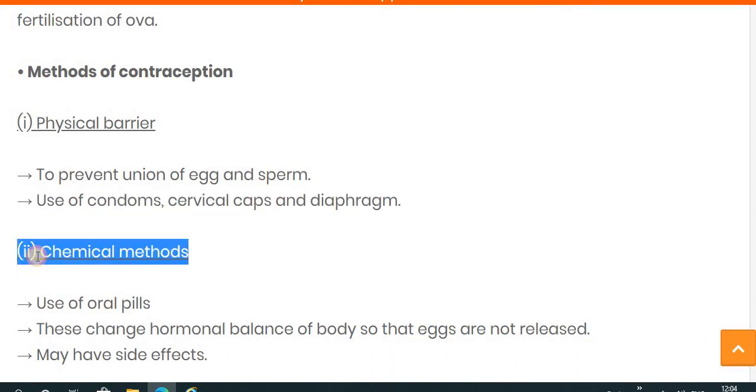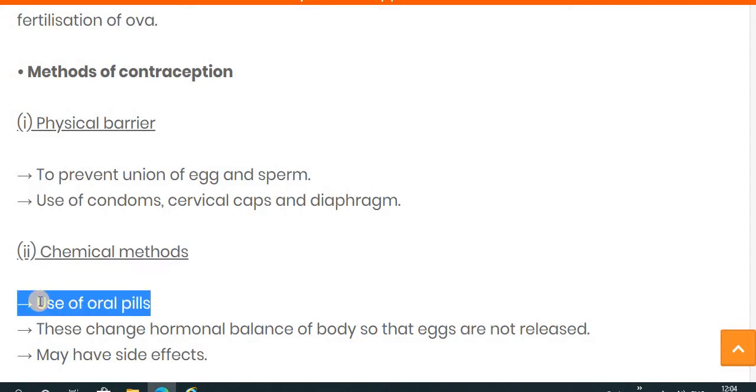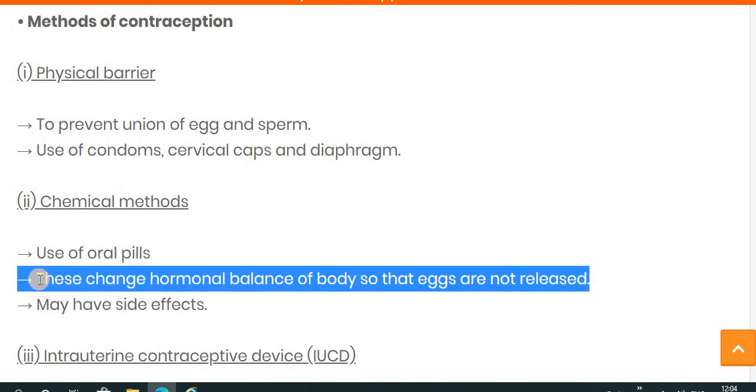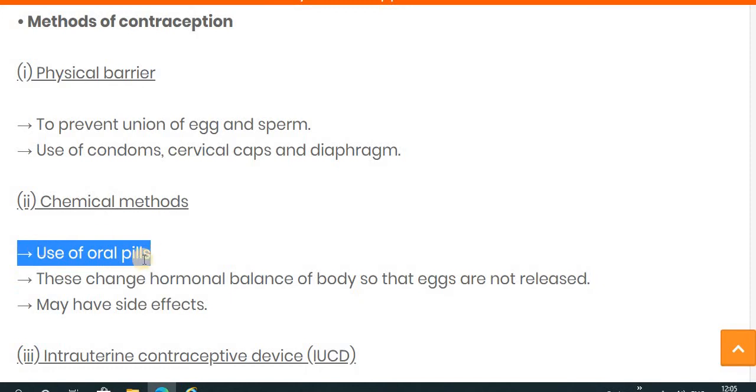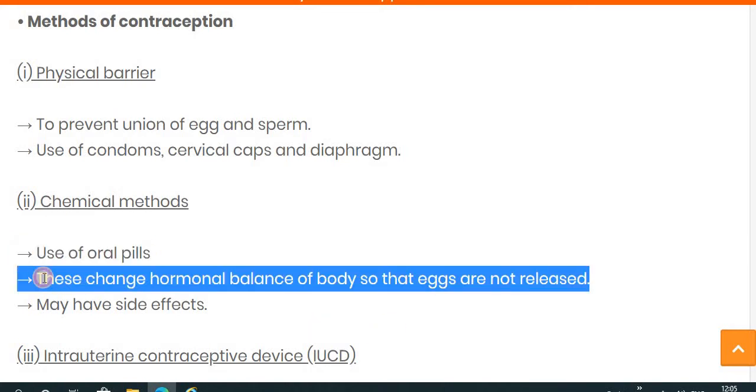Now let's see another method, the chemical method. By the chemical method of contraception, you can use the oral pill. It changes the hormonal balance of the body so that the eggs are not released.